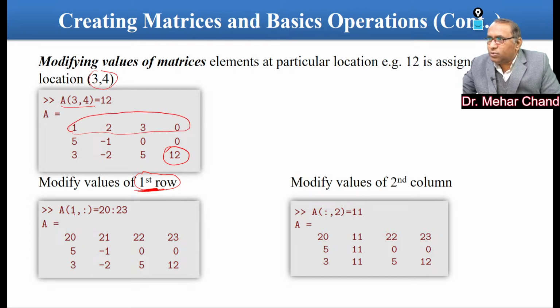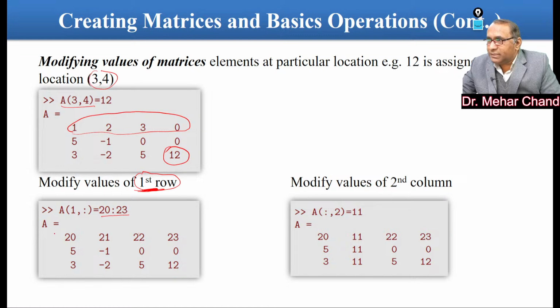So A(1, :) is the first row, where colon is used for all the elements, and these are 20 colon 23. These are 4 elements: 20, 21, 22, 23. So these elements will be replaced.